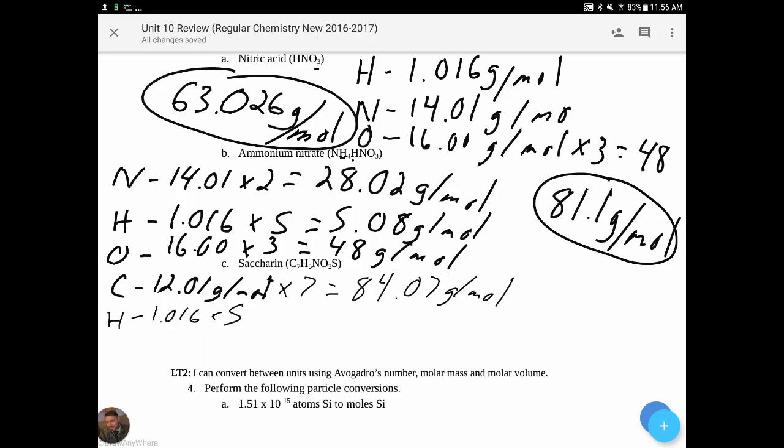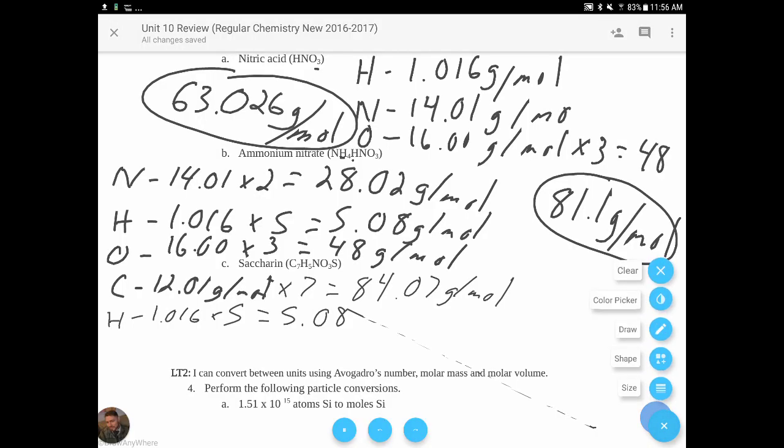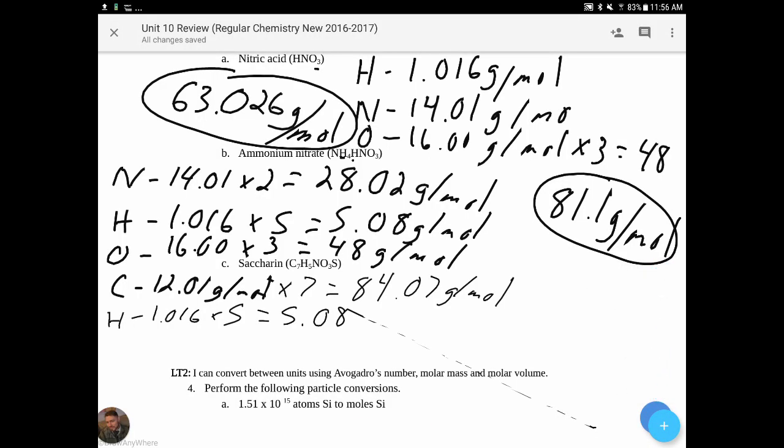It is 5.08. Sorry, my hand keeps touching the edge. Hopefully that's good enough. You can still see what's going on here. All right, 5.08 grams per mole.